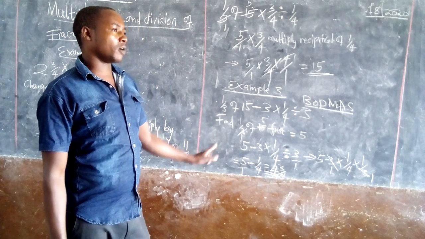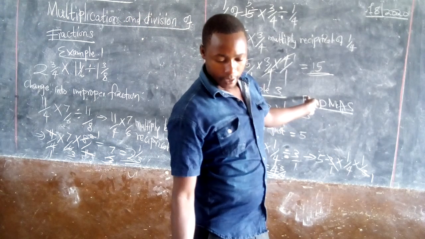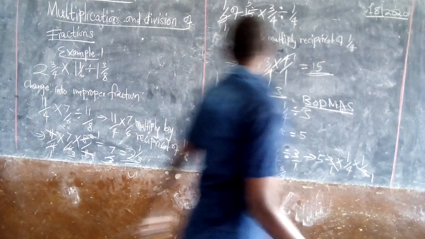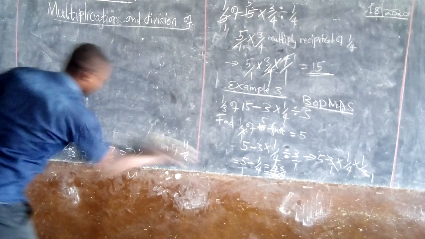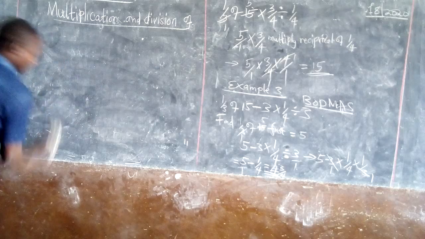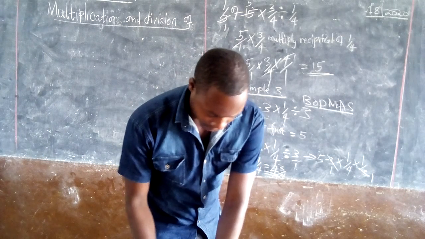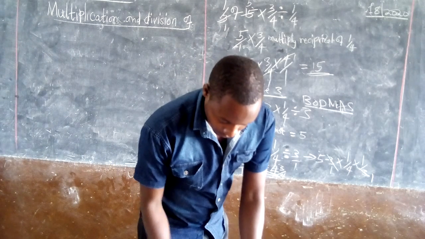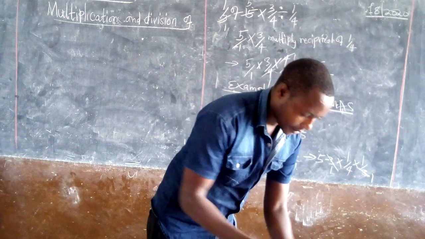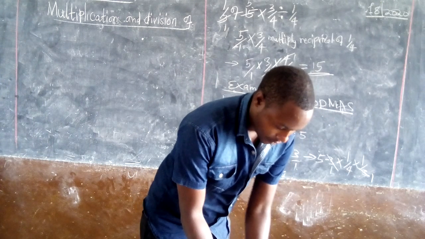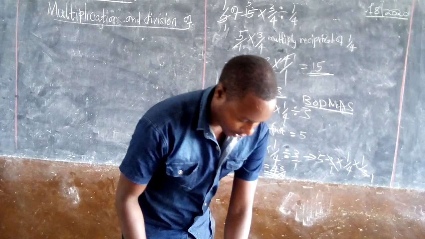So you follow BODMAS according to the way the signs follow each other. Last example about combined operations. Sometimes the question might have different signs mixed together.